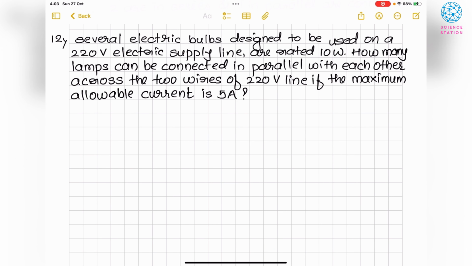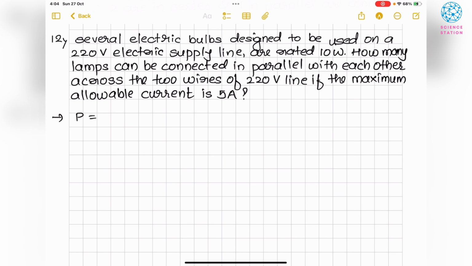Now next question says several electrical bulbs designed to be used on a 220 volt electric supply line are rated 10 watt. How many lamps can be connected in parallel with each other across the two wires of 220 volt line if the maximum allowable current is 5 ampere?